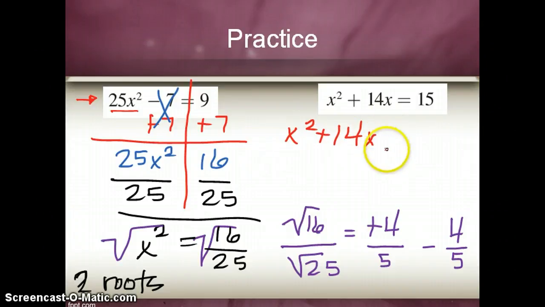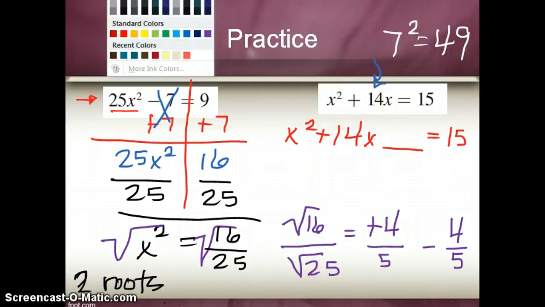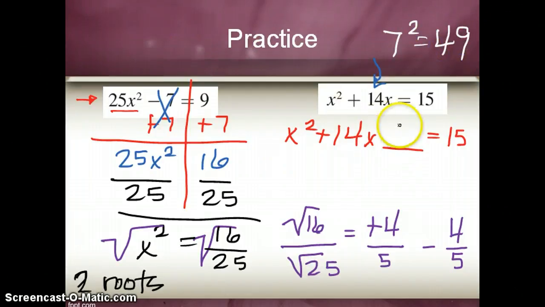And I'm going to leave a blank here so that I can figure out what number goes in the middle. So I look at this 14 and I take half of 14 and I get 7. Then I do 7 squared and I get 49. That tells me that 49 is going to be the number that completes my square. So I put 49 here. In order to keep things even, I add 49 to both sides.